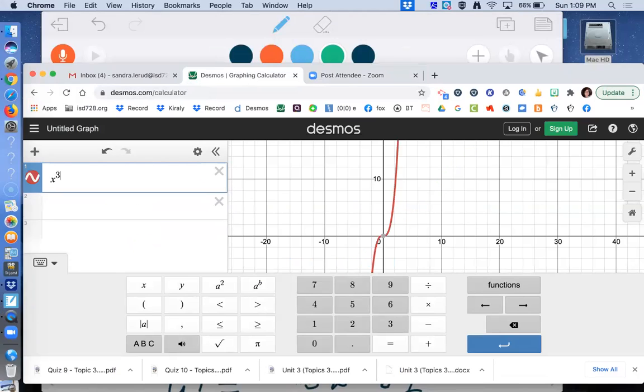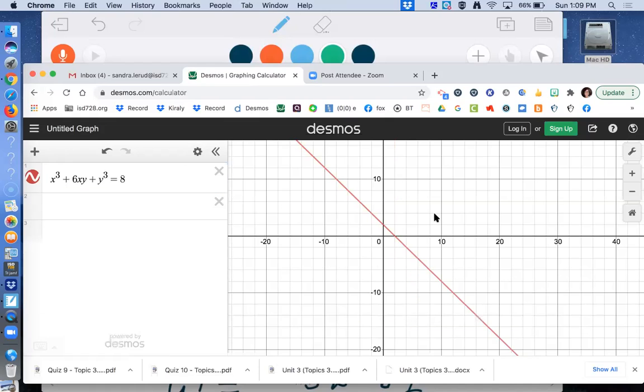So there's my cubic function of x, right? But then it went implicit because I had the x mixed with the y, and then it was plus y cubed, and then it was equal to 8. X cubed plus 6xy plus y cubed equals 8. Why is it telling me it's a line?